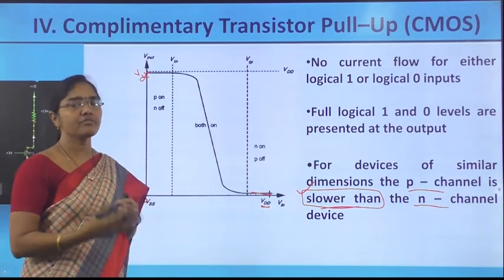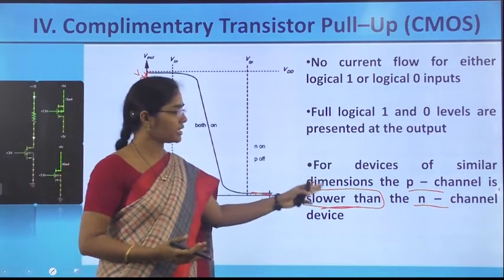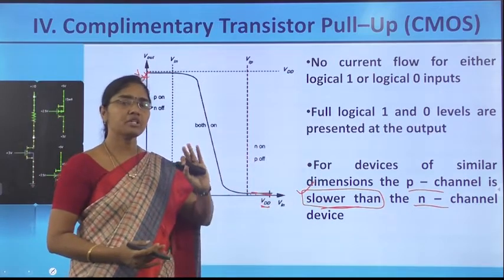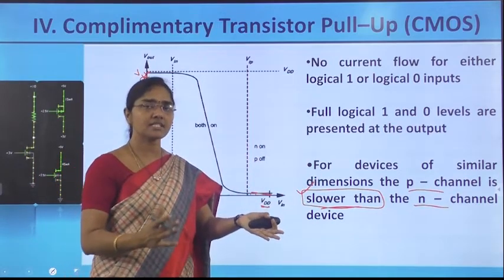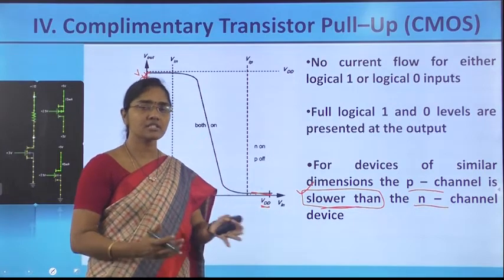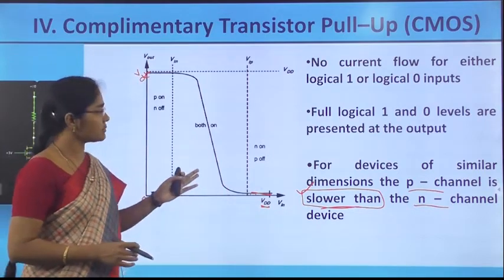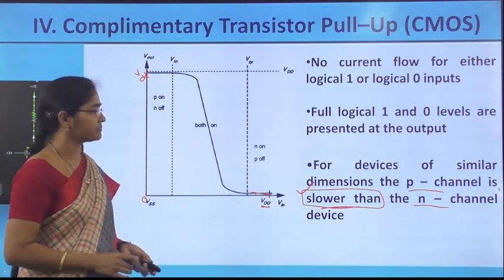So, to make the PMOS faster, the sizes of P and N are different, and P should be somewhat larger than the NMOS. We will discuss this in detail in the CMOS inverter lecture.